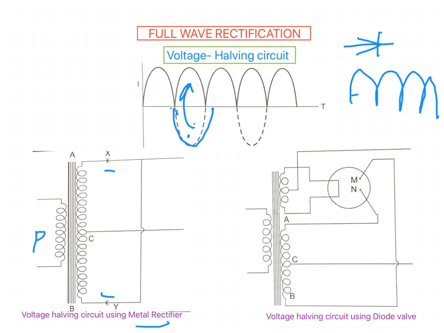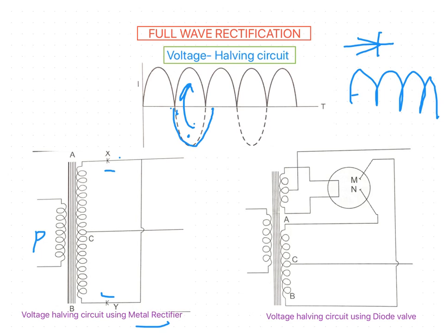Both rectifiers are connected to each end of the secondary coil of the transformer.